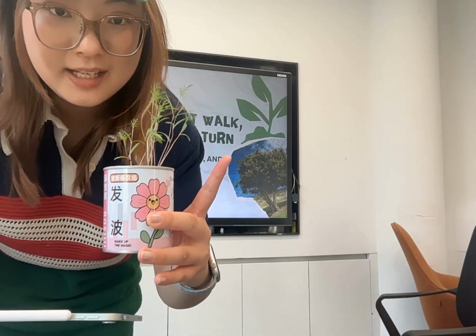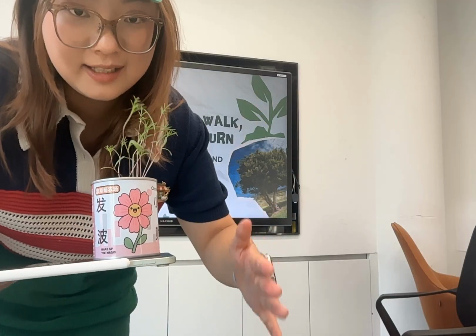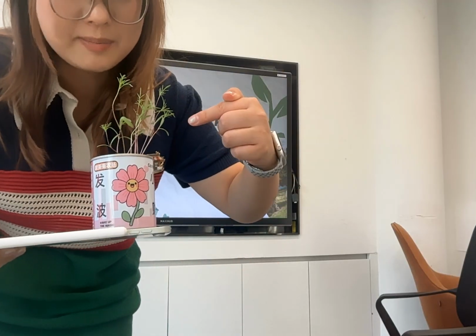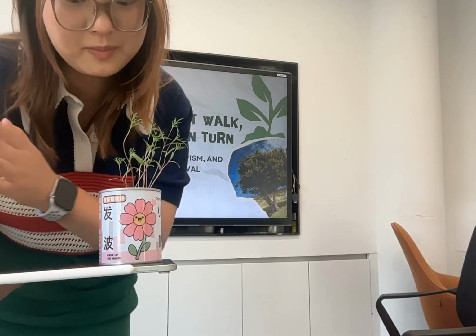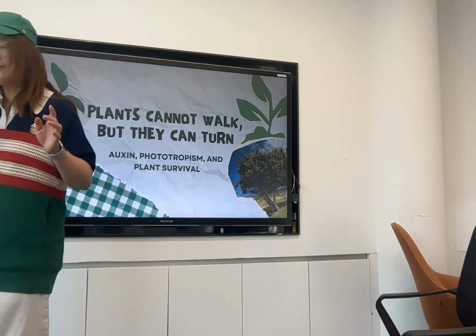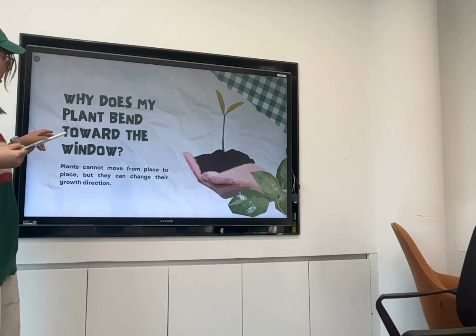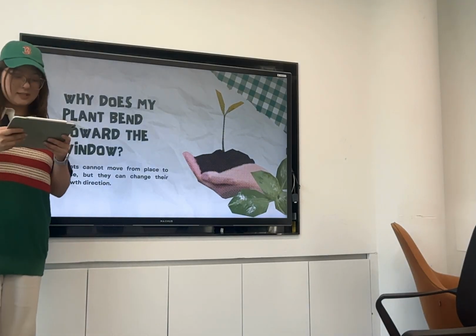This side is the window where the light comes from, and this side is the room. So from this phenomenon, we can make a claim that the plant bent toward the light.